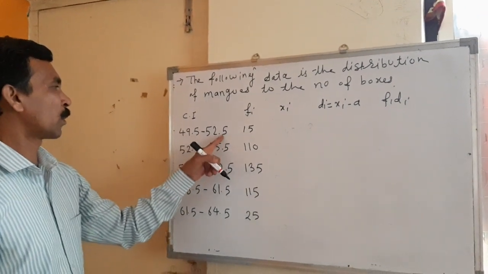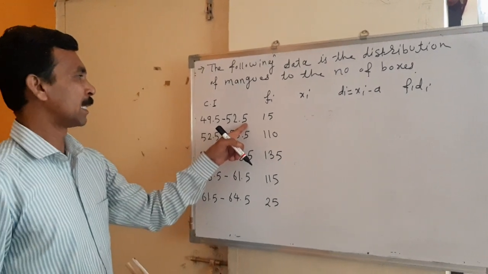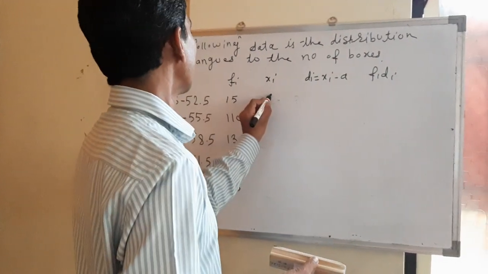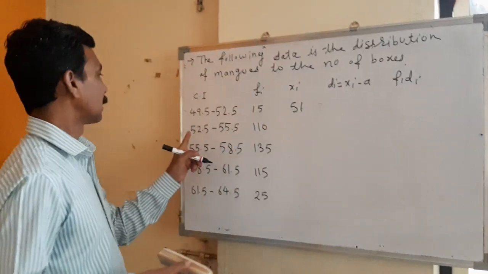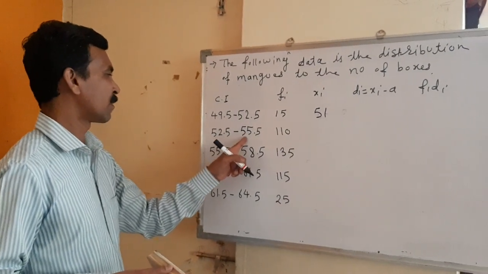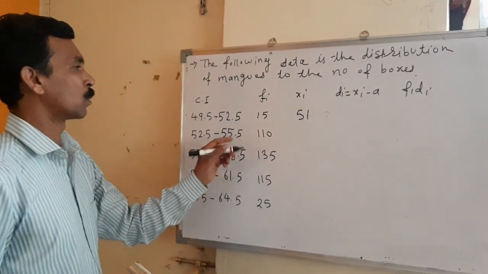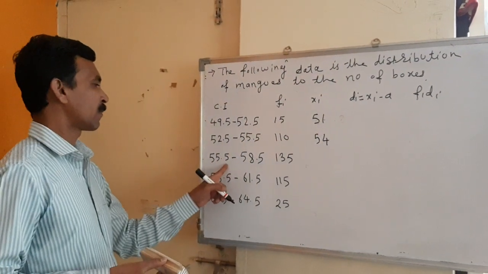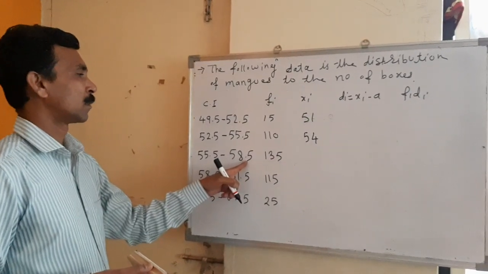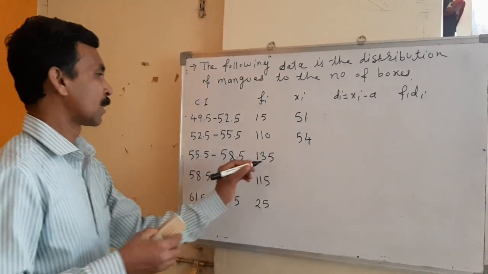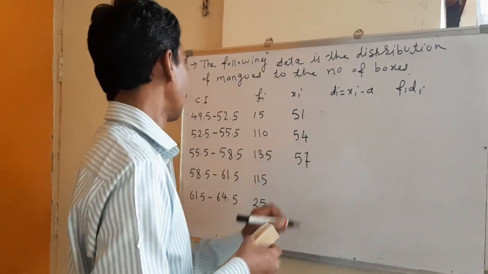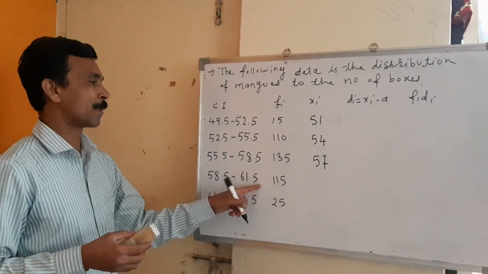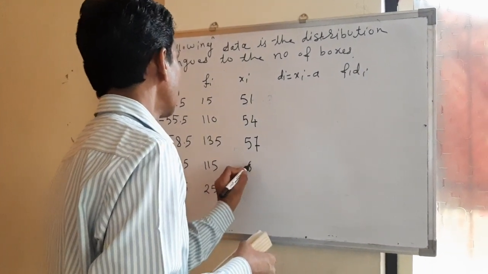49.5 plus 52.5 is 102. 102 by 2 is 51. Now 52.5 to 55.5 divided by 2 is 54. 55.5 to 58.5 divided by 2 is equal to 57. 58.5 plus 61.5 divided by 2 is 60.